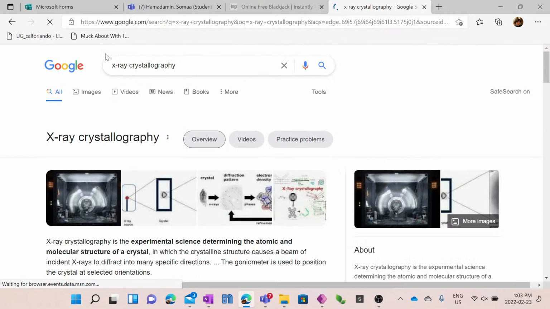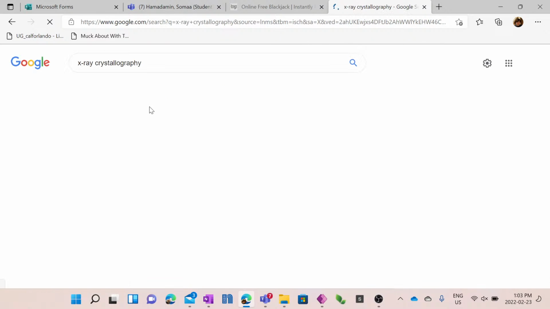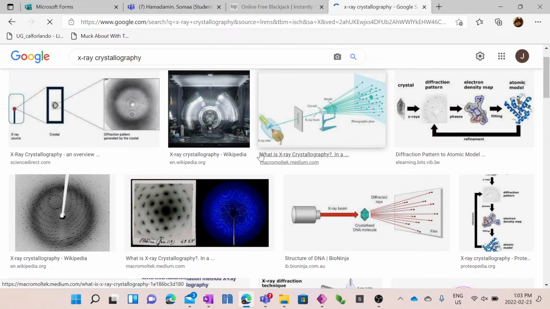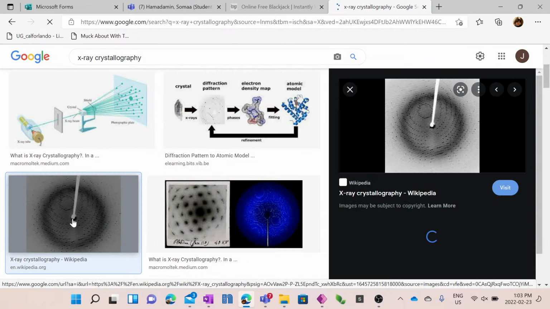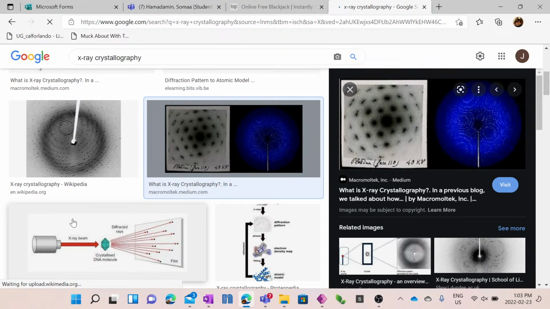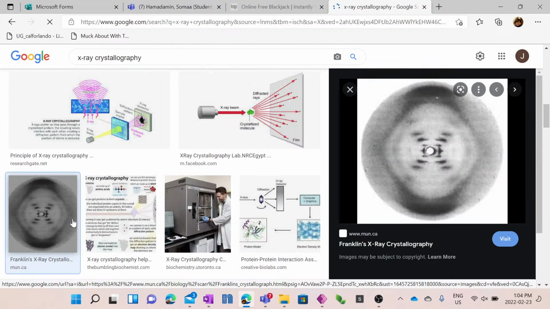When we do X-ray crystallography, we shine X-rays through a crystal of the compound we are interested in, and in doing so, it helps us draw an electron density map, and we can use that with a little bit of interpretation to determine the shape of a molecule.